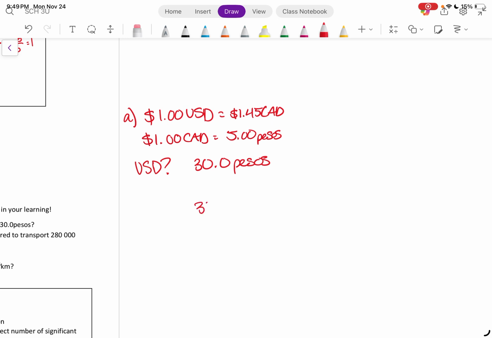So I have 30 pesos. Okay, and I can't easily convert just from pesos to US dollars right away, right? I can see that I have a little intermediate step here, which is Canadian dollars. So what I'm gonna do is I'm gonna convert it to Canadian dollars first. So I know that 1 Canadian dollar is equal to 5 pesos.